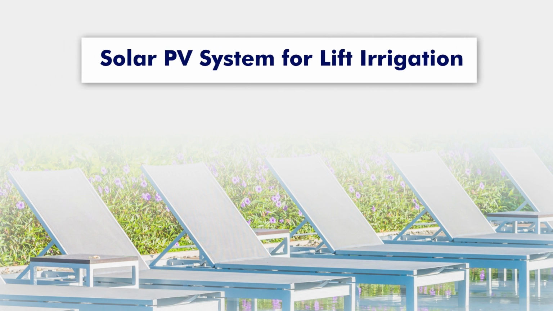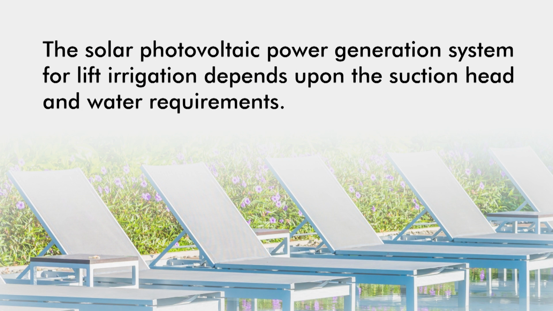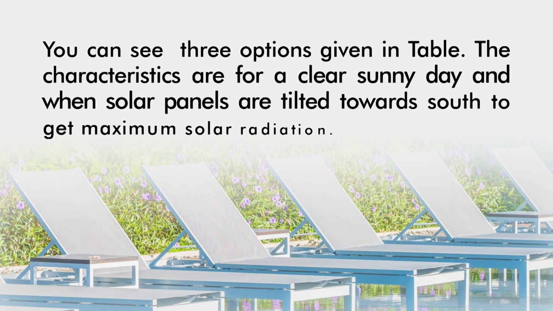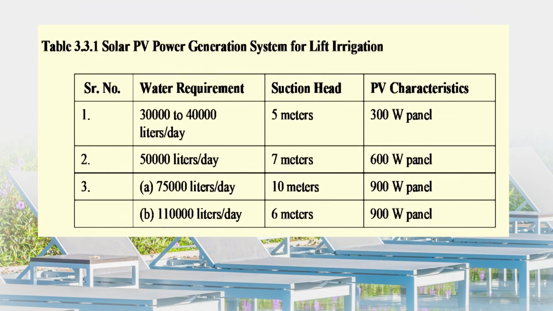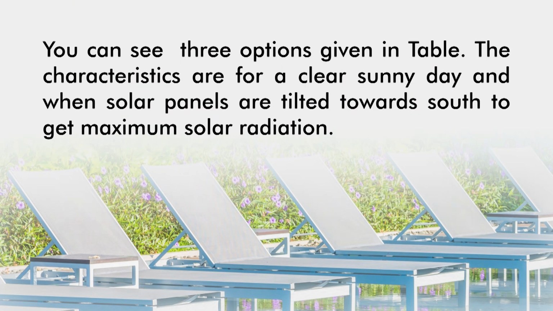Now we will discuss solar PV system for lift irrigation. A solar photovoltaic power generation system for lift irrigation depends upon the suction head and the water requirement. You can see the many options given in this particular table. The characteristics are for a clear sunny day, when solar panels are fitted toward the south to get the maximum solar radiation.